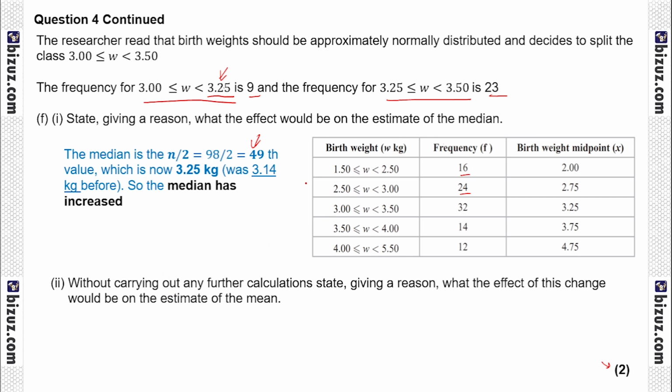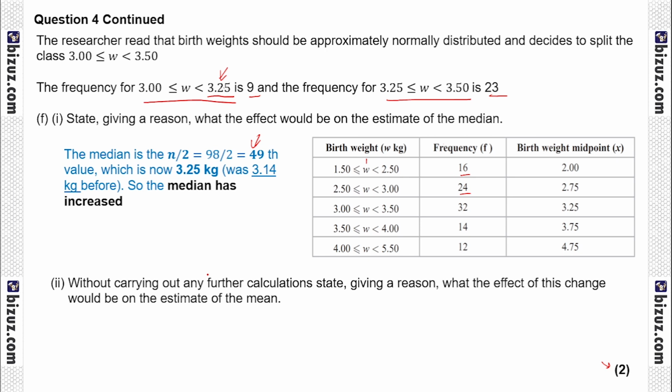However, given this sort of tabular data, we make an assumption that for each class, the value is the same as the midpoint. The logic behind that is the values should be evenly distributed throughout the class, so taking the midpoint as a representative should be a good estimate.